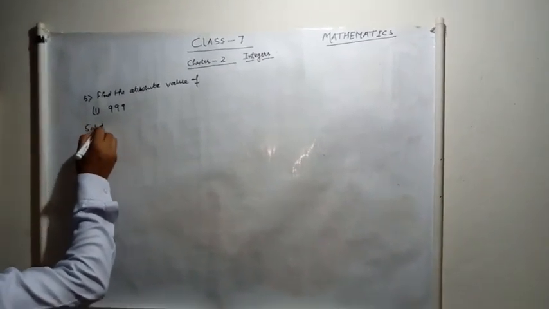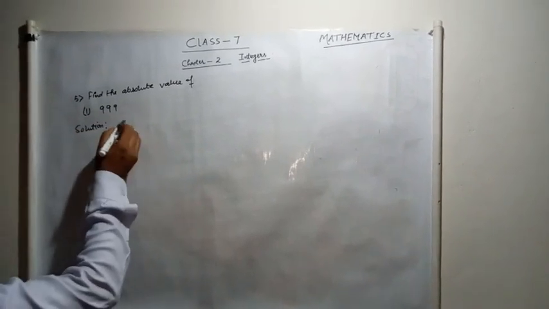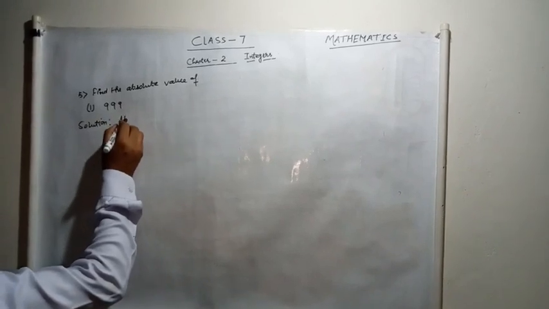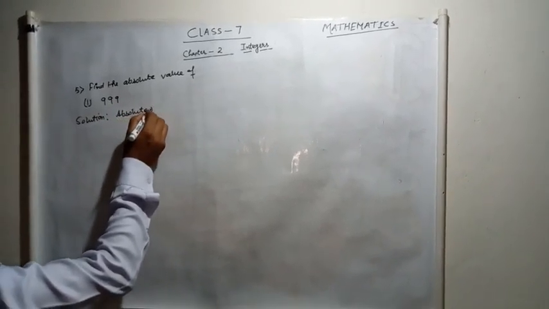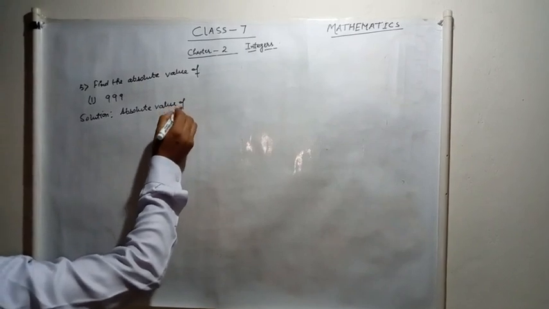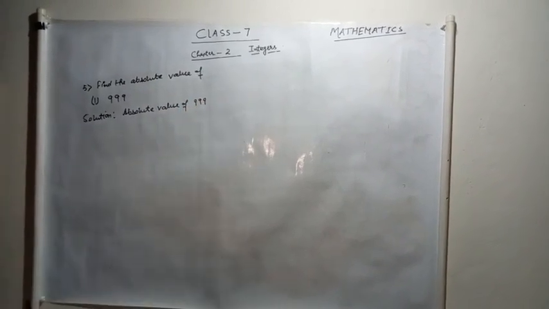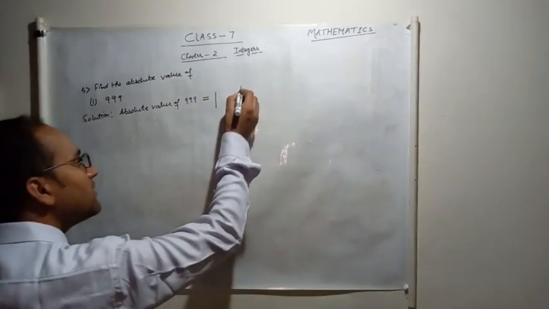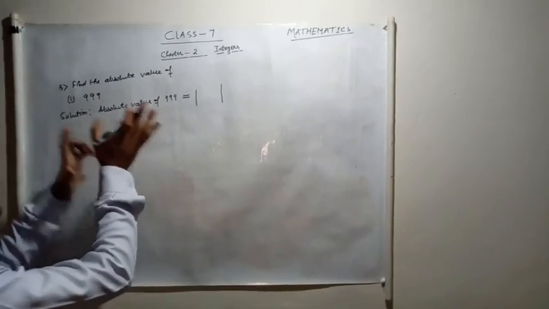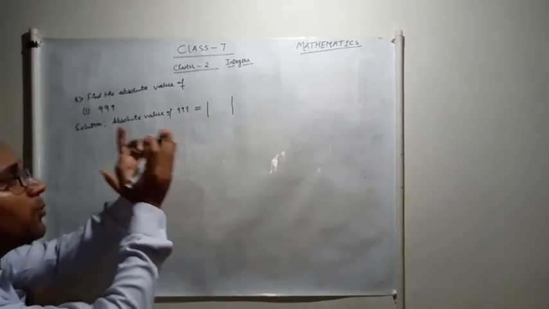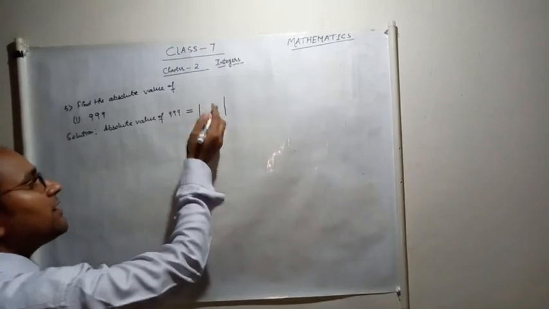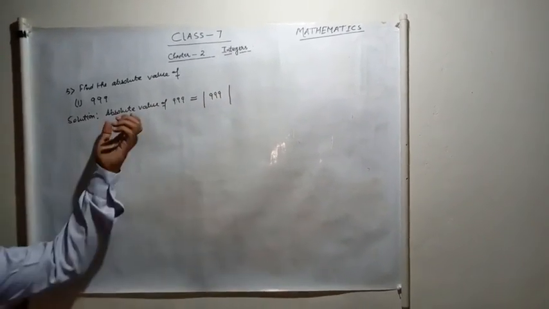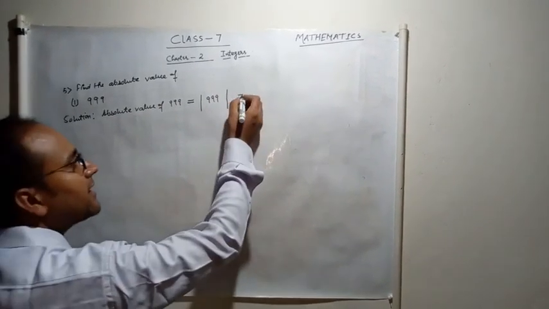Solution: the absolute value of 999. As I told you, absolute value is represented by two vertical lines, and it is called the modulus. We take only the number, only the positive number. We are taking only the number, not the sign. What is the absolute value of 999? That is only 999.